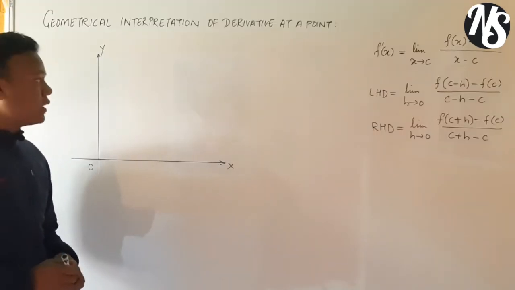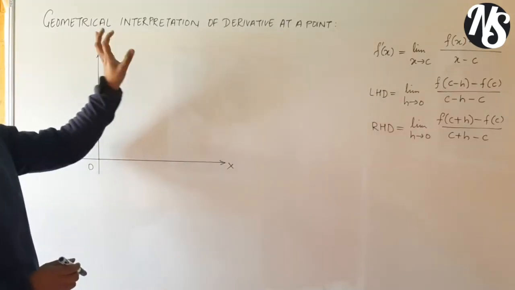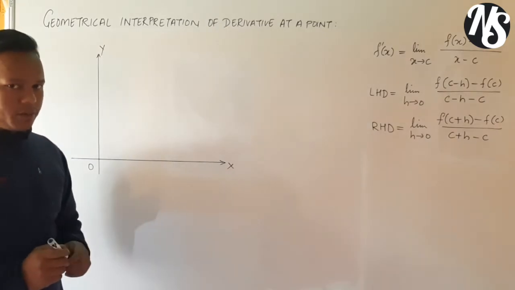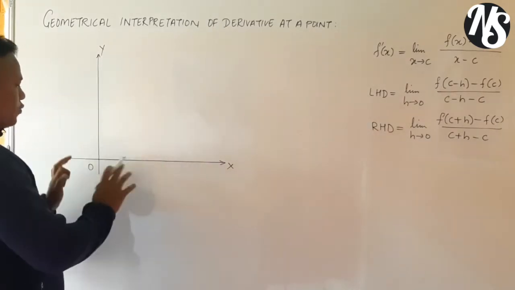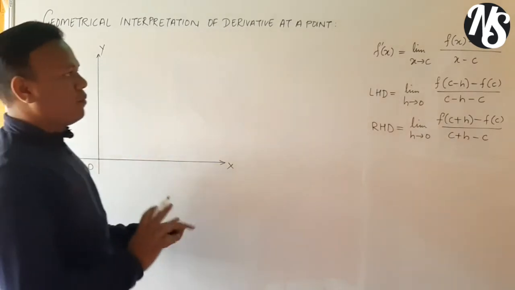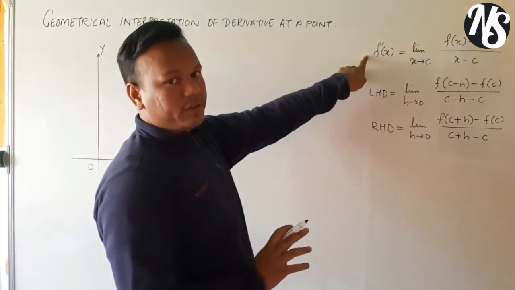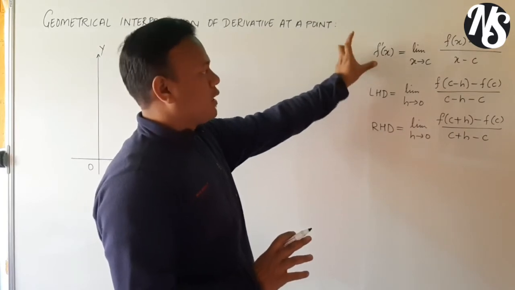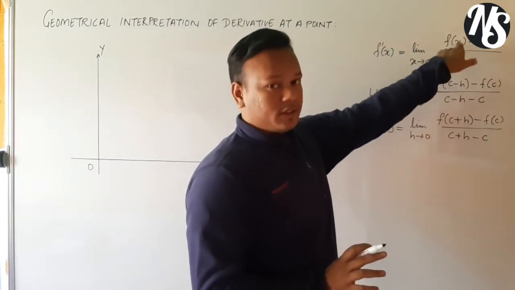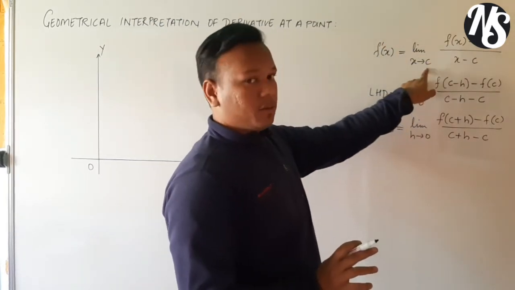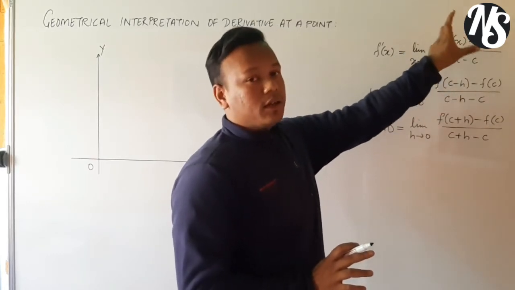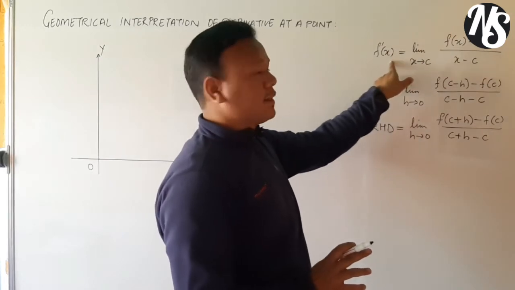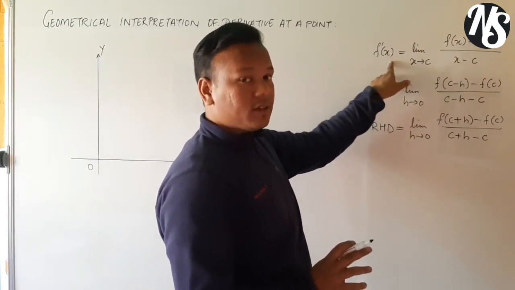Now dear students, we'll learn about the geometrical interpretation of derivative at a point. For that, let me take an xy coordinate system. Before that, you know the definition of derivative, that this limit should exist at point C, remember? So at point C, if this limit exists, then the derivative, that is f dash of x, exists.